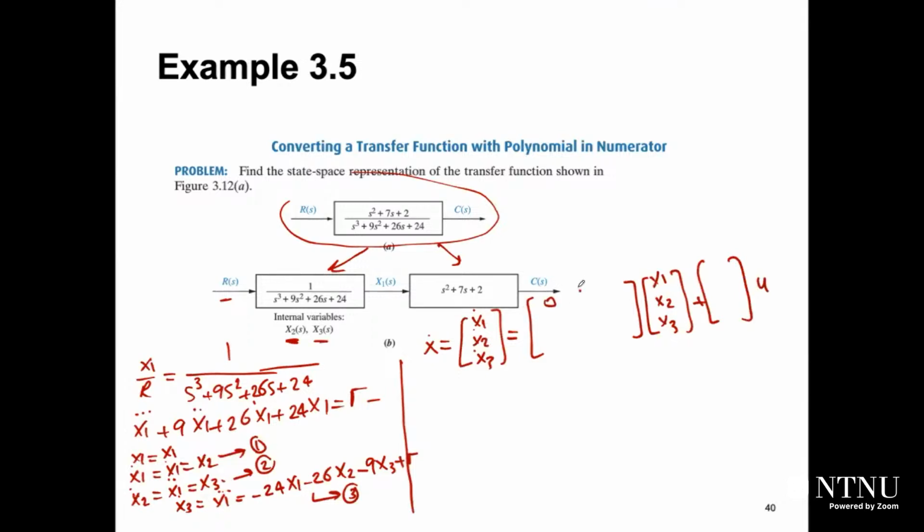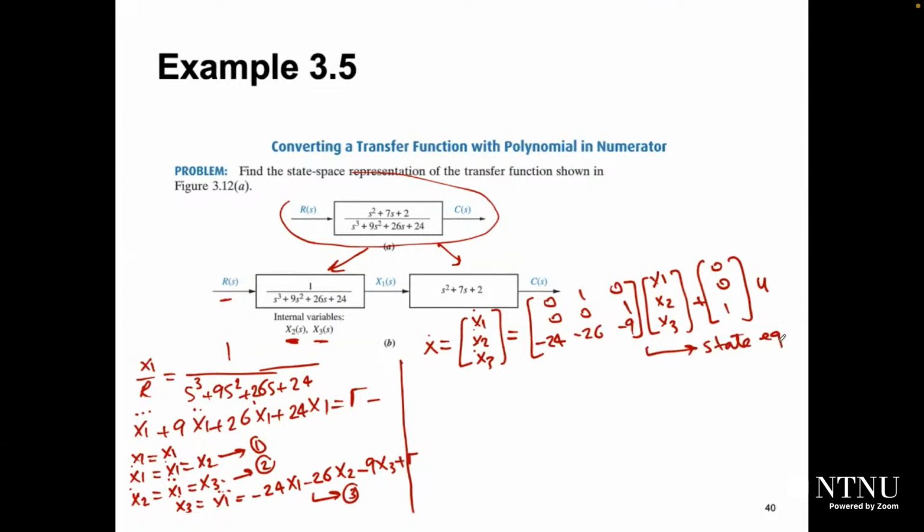So this one will be 0, 1, 0. This one will be 0. For the second equation, x2 dot equals x3, so it will be 0, 0, 1. This one will be 0. For the last equation, x3 dot equals minus 24 x1 minus 26 x2 minus 9 x3 plus u. So this is my state equation.